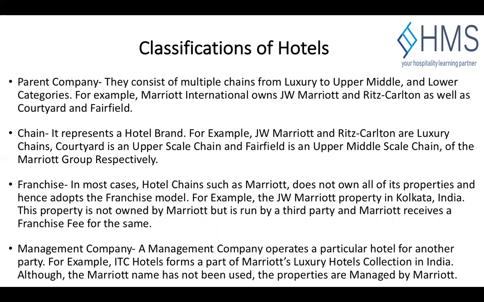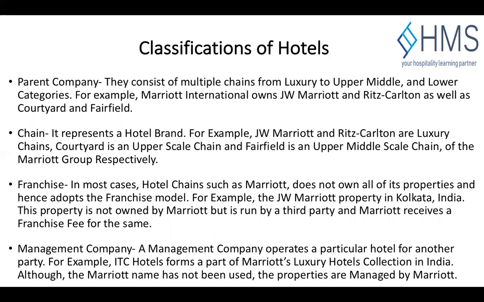Now chains here, as I mentioned before, represent a hotel brand in particular. For example, the JW Marriott and Ritz Carlton are luxury chains. Courtyard is an upper scale chain, and Fairfield is an upper mid scale chain. All these chains form a part of the Marriott group under the Marriott umbrella.